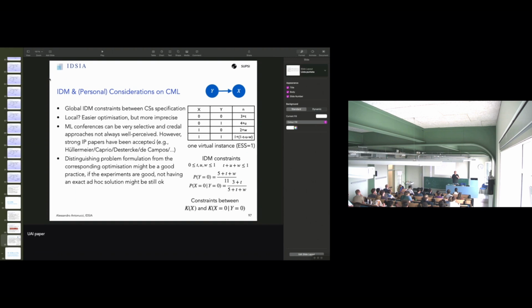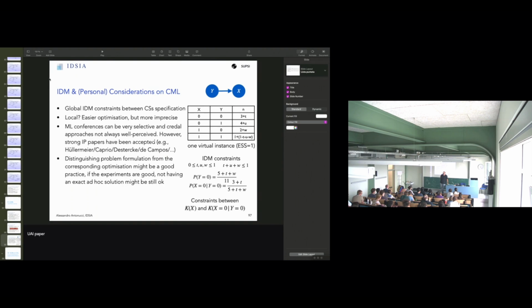In machine learning, there is this distinction between modeling the problem and then solving the optimization. And sometimes they use some approximate techniques. And to prove that their approach is good, they use experiments. While I think we are very focused on finding the analytical solution, which sometimes is very complicated, if not just impossible to find.